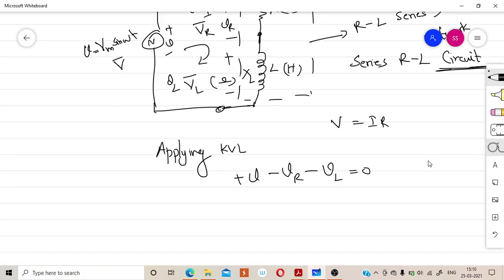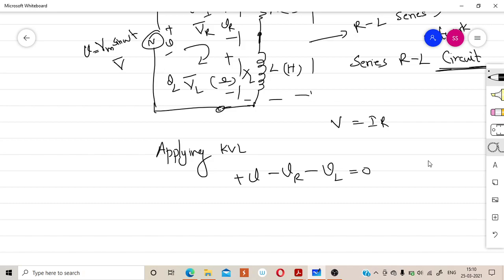So for this RL series circuit, applying KVL, you have to consider the voltage drops as instantaneous values only.